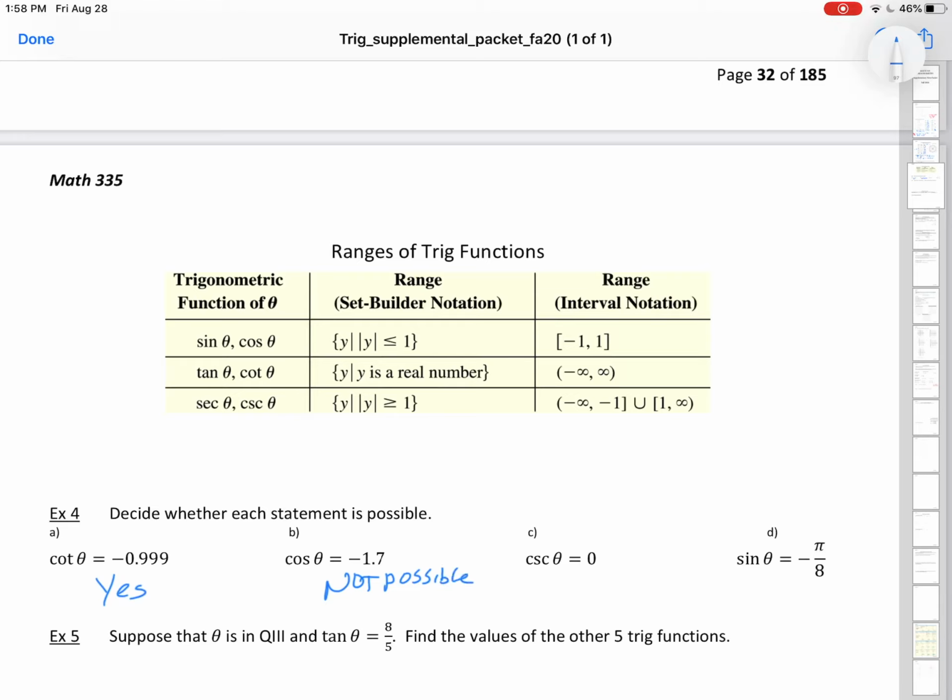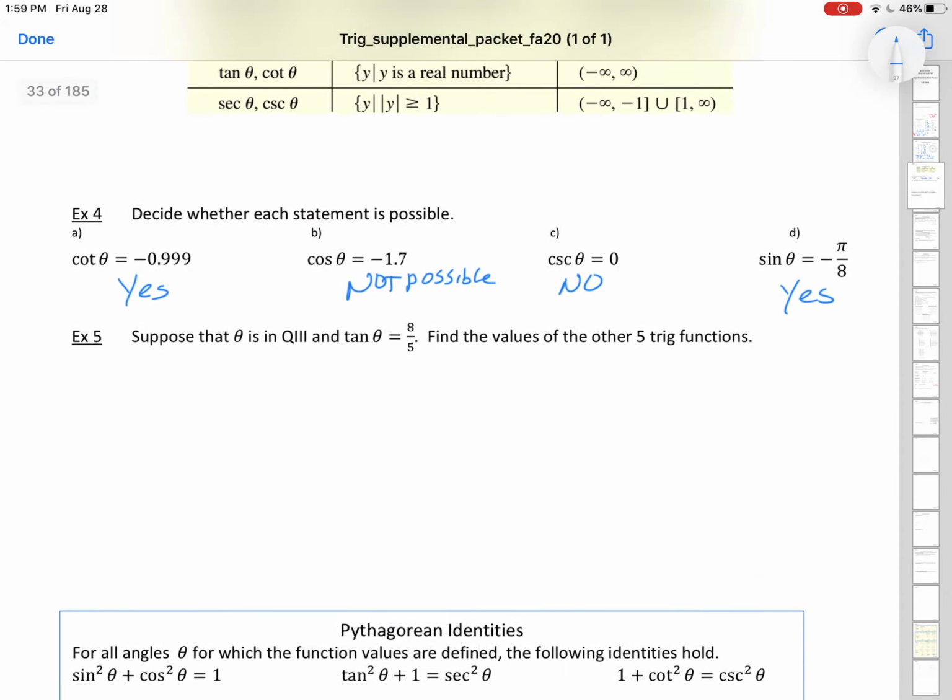Cosecant being 0? There's no way it could be 0 because they are 1 over the sine and therefore have no chance to have a 0 up top. So this is no, not possible. Sine theta equal -pi/8. Well, I got to know that number. Well, that's 3.14 divided by 8. That's definitely a number less than 1. So this is a yes. Okay, that could totally come out.